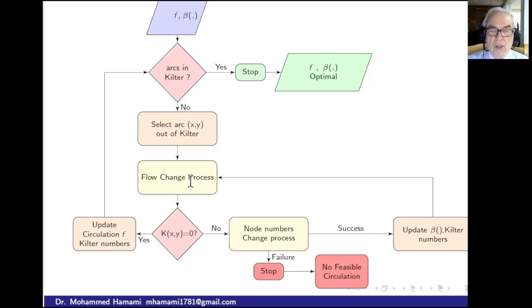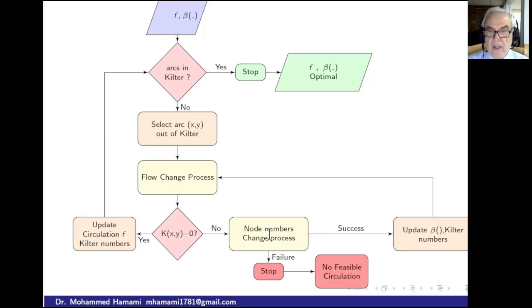And of course, we cannot change the flow because we run out of the flow changes. There are a finite number of those. So we come back here, and then we come back here, and we change the flow number, it's successful. And therefore, we're going to be doing this many, many times. And we're going to show that this node number process is finite.